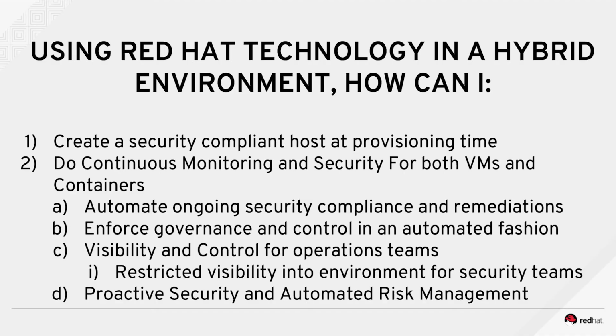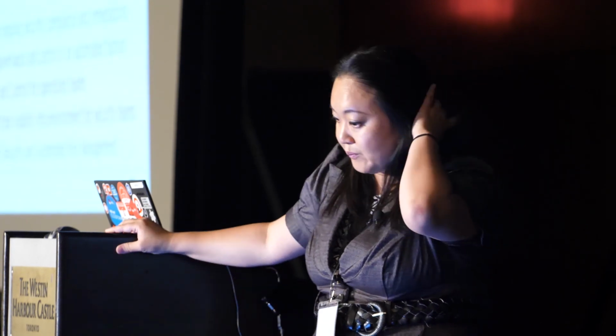Now, what we're going to see is, okay, using that Red Hat technology, which we saw in the previous slide, how can I do the following? And this is where you're going to see an actual environment that I created with my lab teammates to do the security compliant host at provisioning time, do continuous monitoring and security for not only VMs, but also containers, in both an operations view and an applications view.